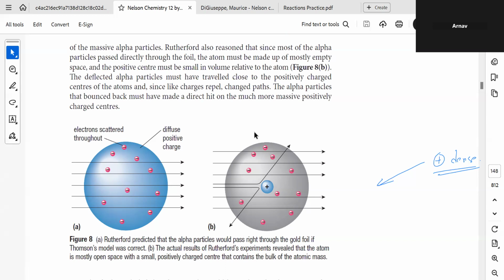But his observation was there is something dense and positive. Because of that, the particles are getting deflected. Correct? Can you take a screenshot of this, or you can even draw this? Nothing wrong in that. Either way, a quick rough figure is also fine.